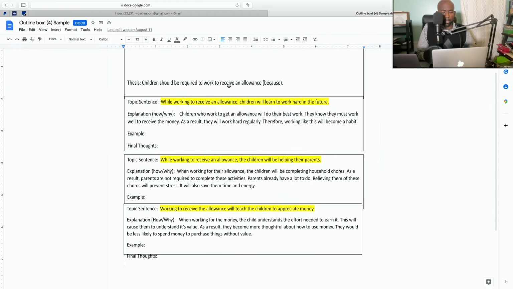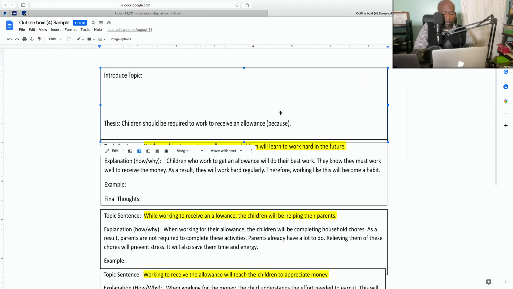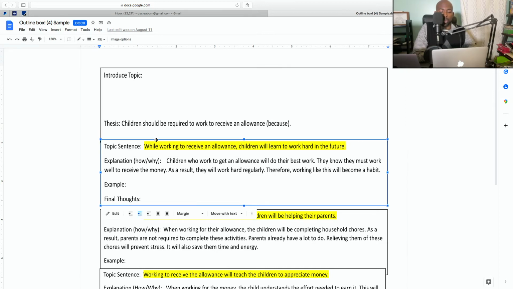And so the thesis, just reminding ourselves of what the outline entails. Let's go 150%. The thesis says children should be required to work to receive an allowance. And I like to put a little invisible because here, just to make sure that the topic sentences I chose are actual valid reasons why. So I'm just going to measure each topic sentence by putting it behind this word because.